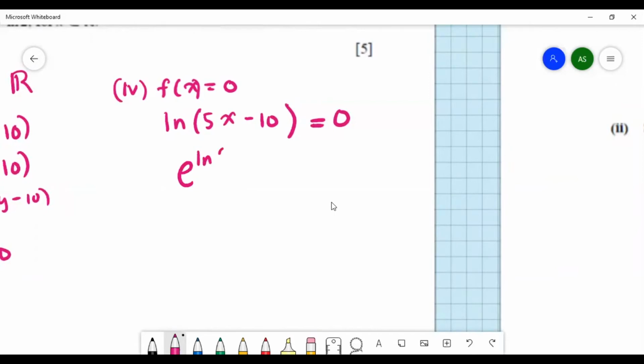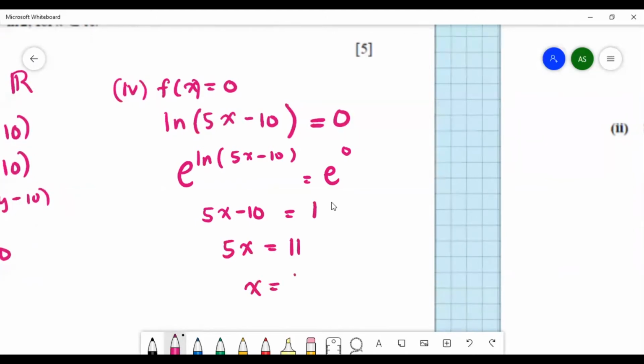So e to the power of ln of 5x minus 10 is equal to e to the power of 0. So this will become e to the power of ln, which will just give you the expression inside the ln. And any number raised to 0 will always be 1. So that will give us 5x minus 10 is equal to 1, so 5x is equal to 11. So therefore, x is equal to 11 over 5.